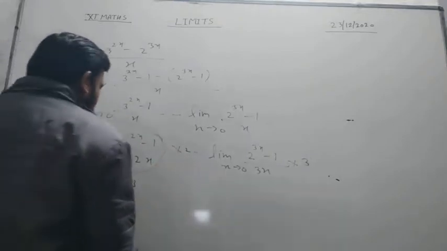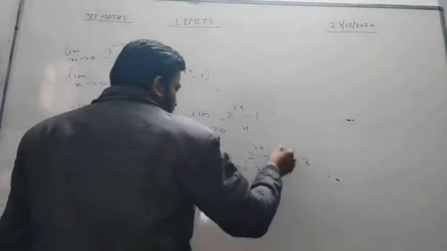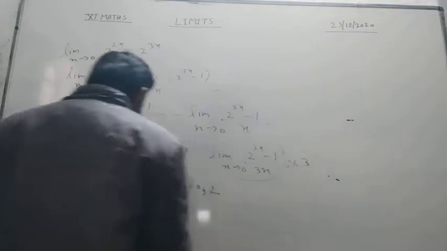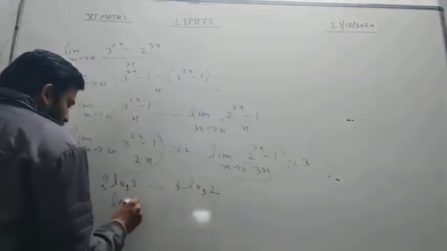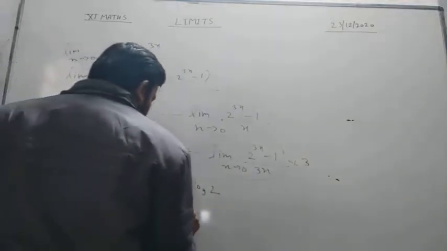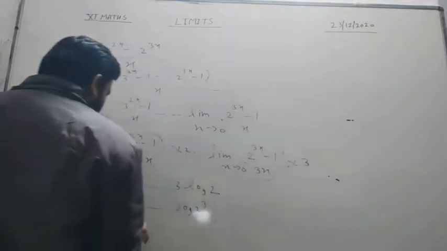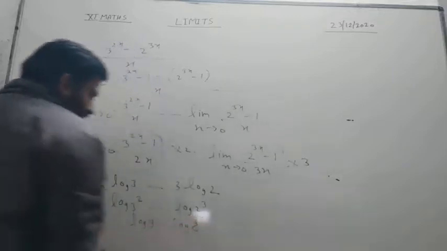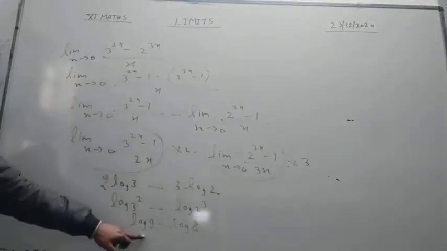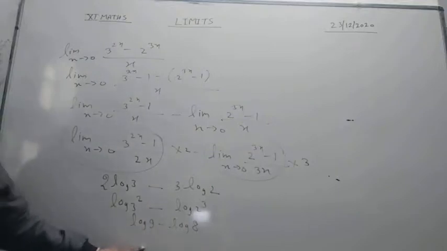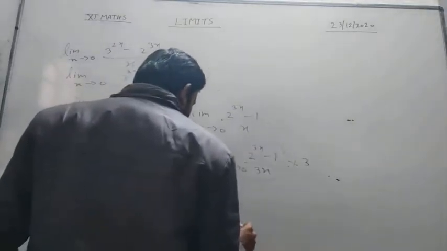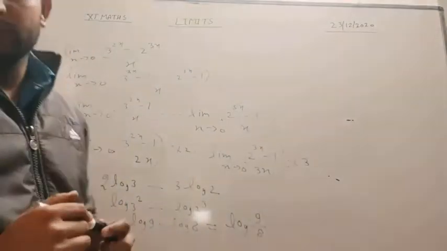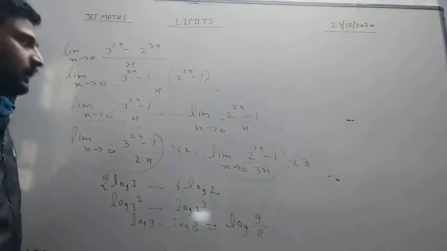So we write 2 log 3, and this term is again log of 2, so we write 3. So this is log 3 to the power 2 minus log 2 to the power 3. So this is log 9 minus log 8. And student, this is log m minus log n, so we can write log m by n. I hope you understand. This is our required answer.